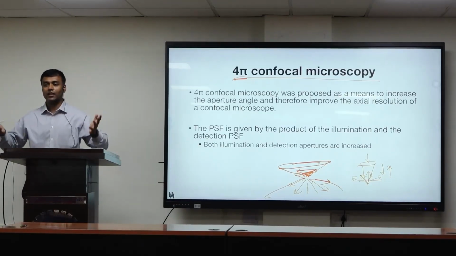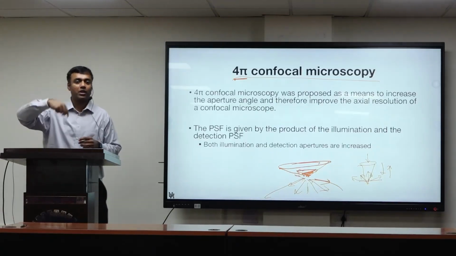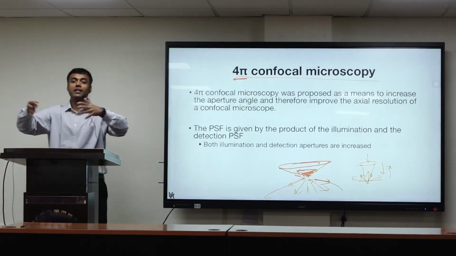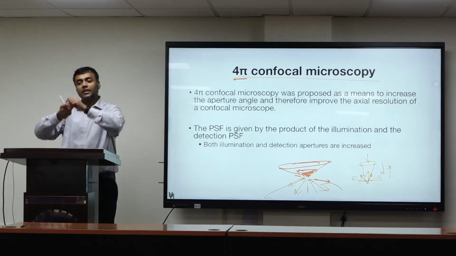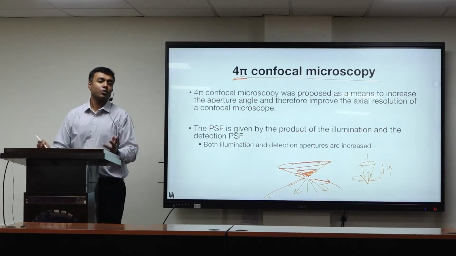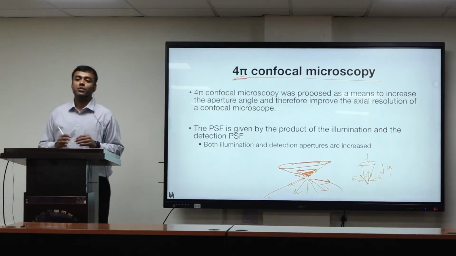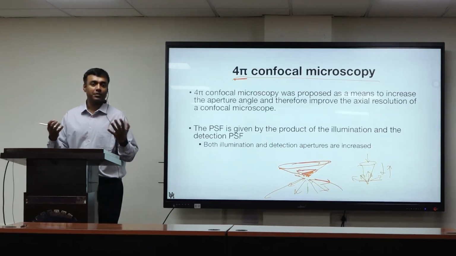If you remember, 2-pi is in 2 dimensions, but in 3 dimensions, 4-pi is all the possible angles where light goes, right? So if you collect all the light that goes in all different directions, that is 4-pi microscopy, and that gives you as good a resolution as possible with diffraction limited light.